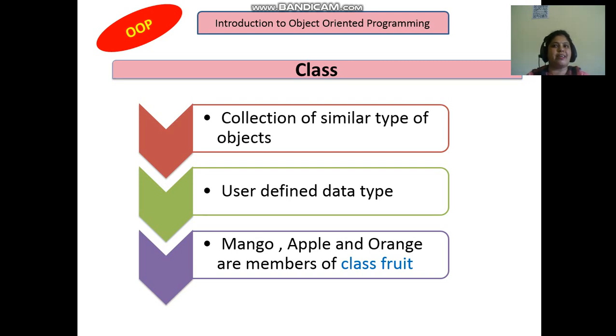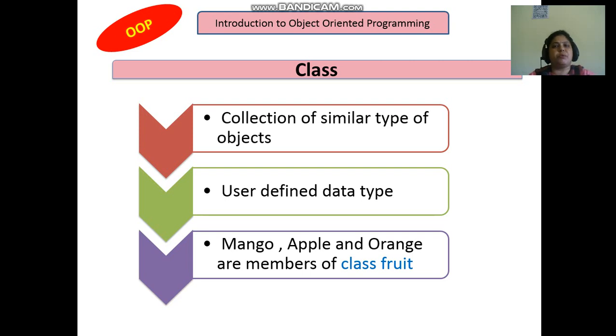Your second year class has all the students who have their own data and their own functions, that is, their own name and their own functions, but all are collected into a similar class, that is, second year. So a class is termed to be a collection of similar type of objects.